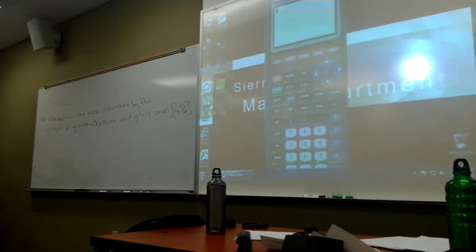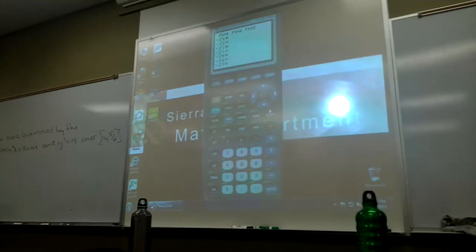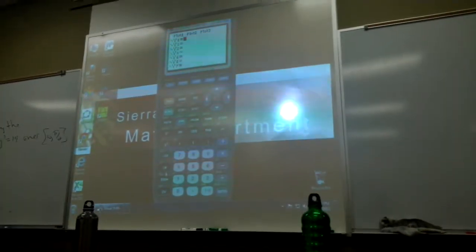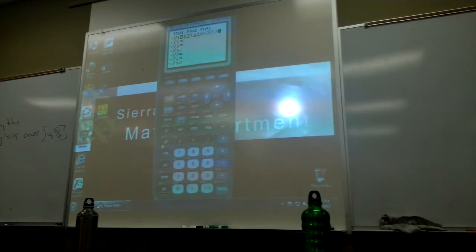So, having said that, I'm going to go into my equation editor. I'm going to type in the first equation, which is 12 sine squared of x plus 11 cosine x.